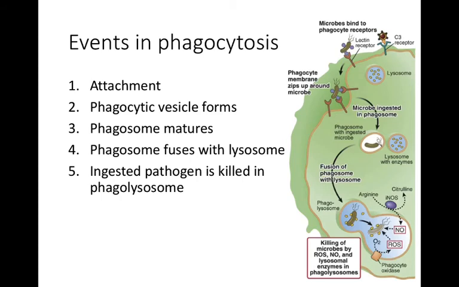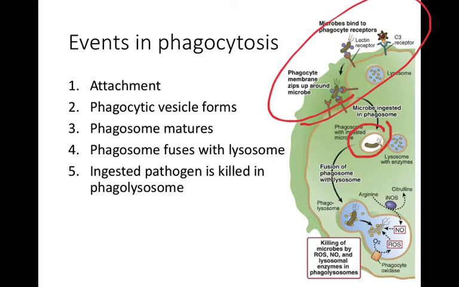There are 5 major steps in phagocytosis. Attachment of the pathogen to the macrophage, the formation of a phagocytic vesicle as that pathogen is brought into the cell, maturation of the phagosome, in which we find possibly a decrease in pH.